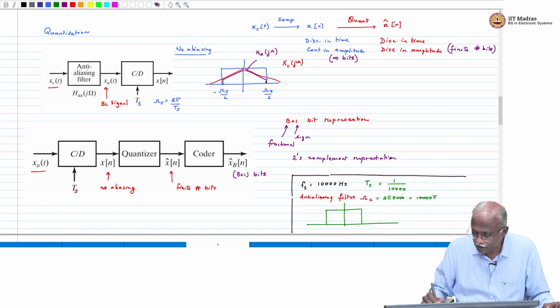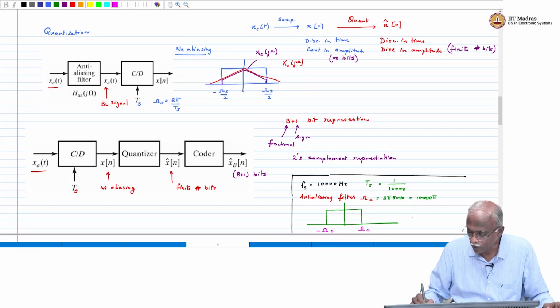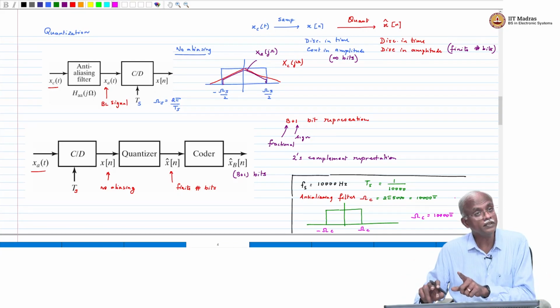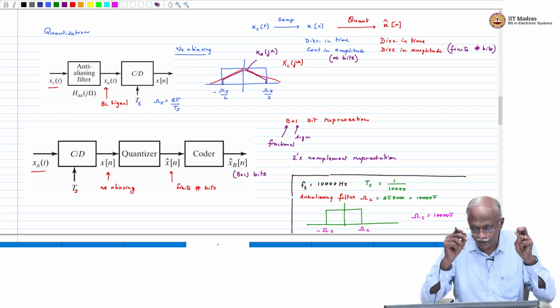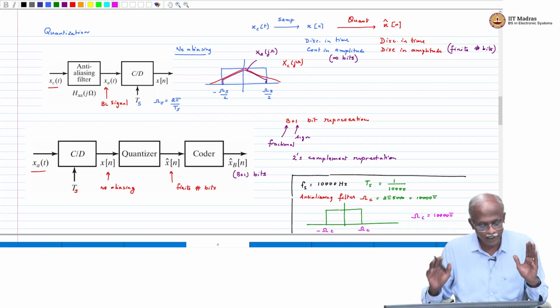So, the cutoff frequency of the low pass filter is from minus omega c to omega c, where omega c is equal to 10,000 pi. This anti-aliasing filter will guarantee that when you sample at the rate of 10 kilohertz, there will not be any aliasing.